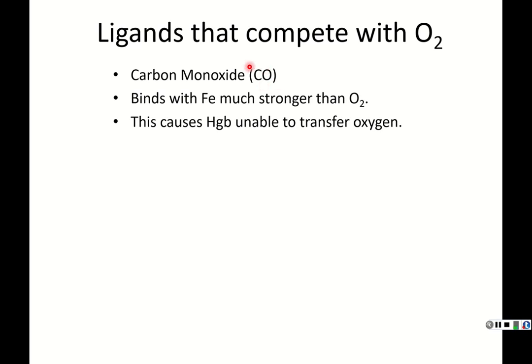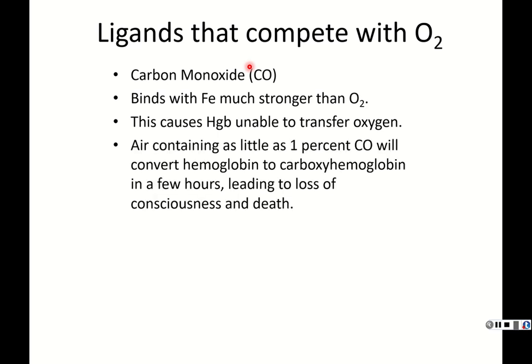So if carbon monoxide binds at one site, it's going to make the other sites have a higher affinity for oxygen, which you might think is good. But the problem is it binds so strongly that it makes the hemoglobin unable to release the oxygen where it's needed. So in a sense, if you have carbon monoxide poisoning, it's like you're suffocating even when you're breathing and there's oxygen around, because your hemoglobin can't work correctly.